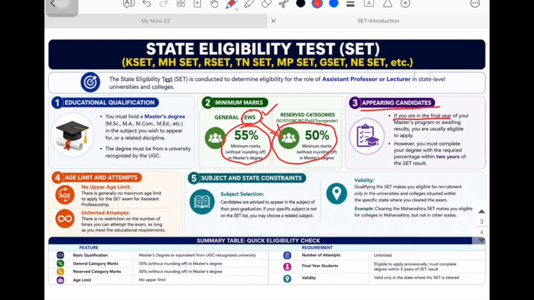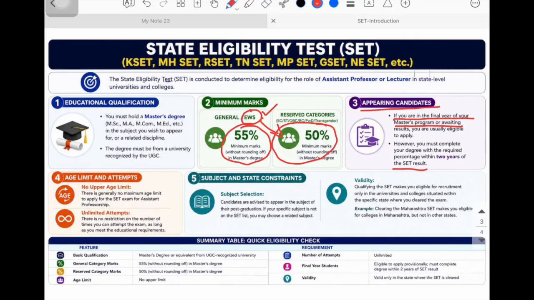If you are in the final year of the master's degree program awaiting the result, or you have just written the final year MSc examination and are waiting for the result, or you are in your second year of postgraduate, still you can attend the SET course. Those who are doing the final year MSc, you can contact us. If you give the proof, we give you 1 year extra validity for the course.